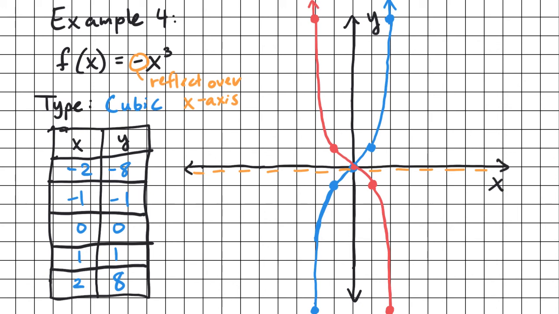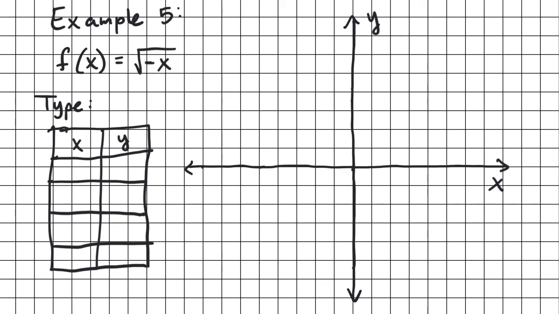All right. Let's do one more. The last one is a square root. The points are 0, 0, 1, 1, 4, 2, and 9, 3, which would give me, if I plot them, 0, 0, 1, 1, 4, 2, and 9, 1, 2, 3, 4, 5, 6, 7, 8, 9.